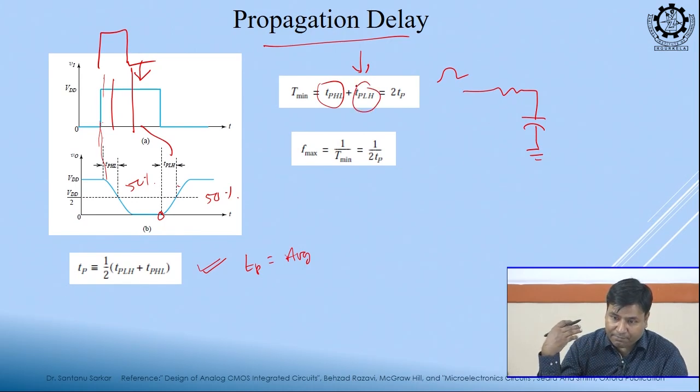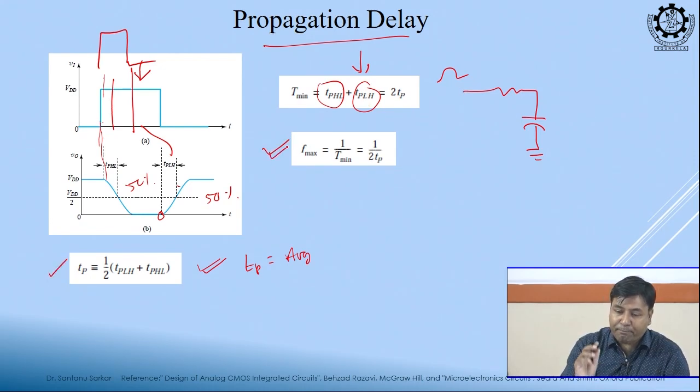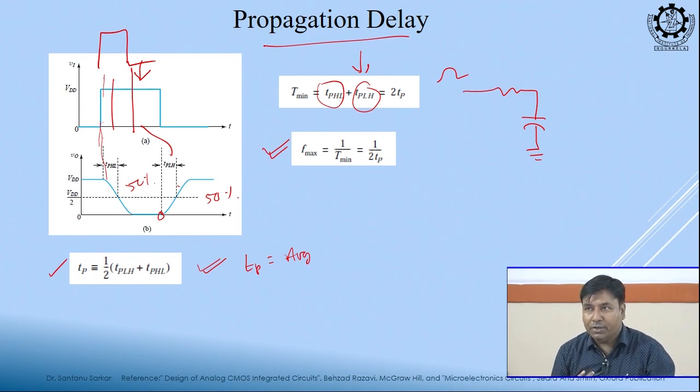If I try to work faster than that, it may not work, but at least this can work. So, the minimum time period is roughly twice Tp, and this gives the maximum frequency that the logic can perform. 1 by T min is equal to 1 by twice Tp.